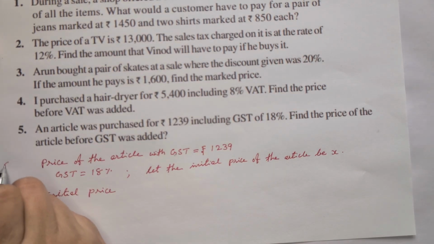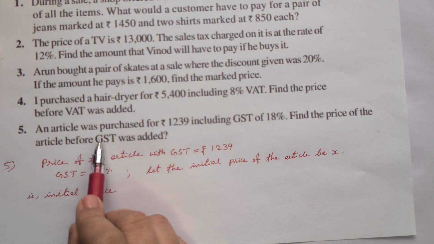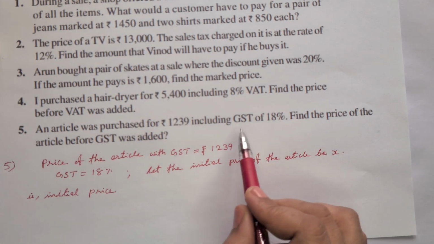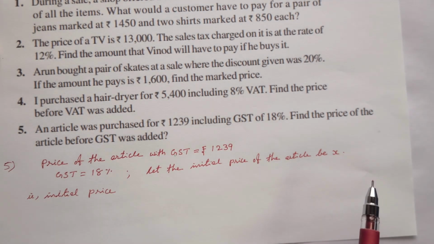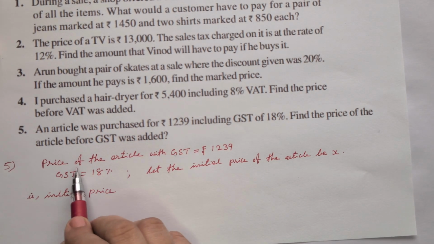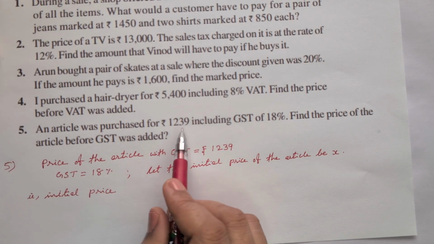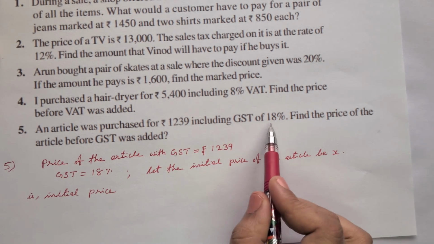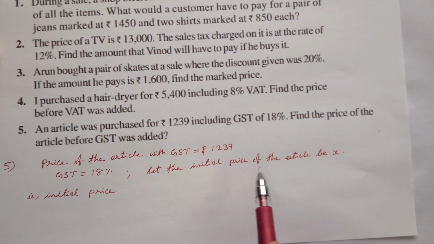Question number 5. An article was purchased for rupees 1239 including GST 18%. Find the price of the article before GST was added. So we can take price of the article with GST, that is 1239, and GST is equal to 18%.